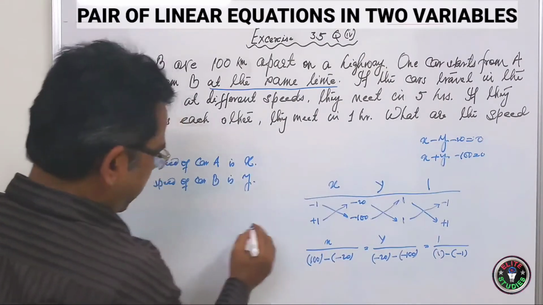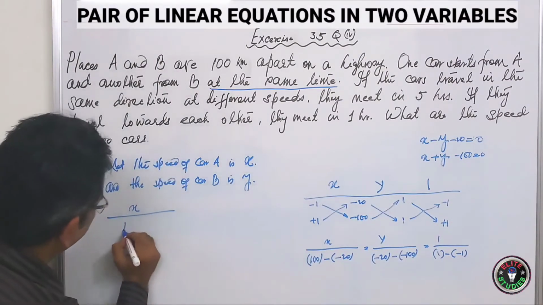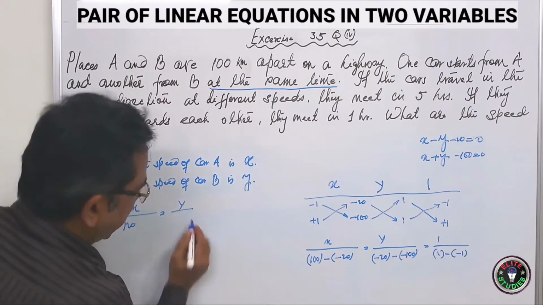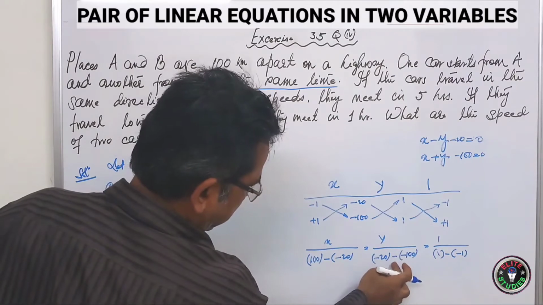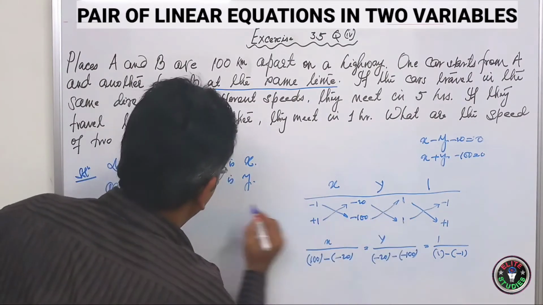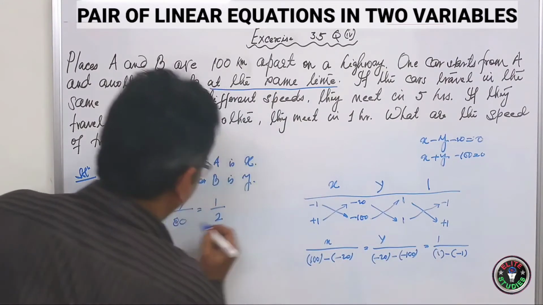So what do we get here? x by 100 plus 20, 120, is equal to y by 100 minus 20, it is 80, is equal to 1 by minus 1 1 plus 2.